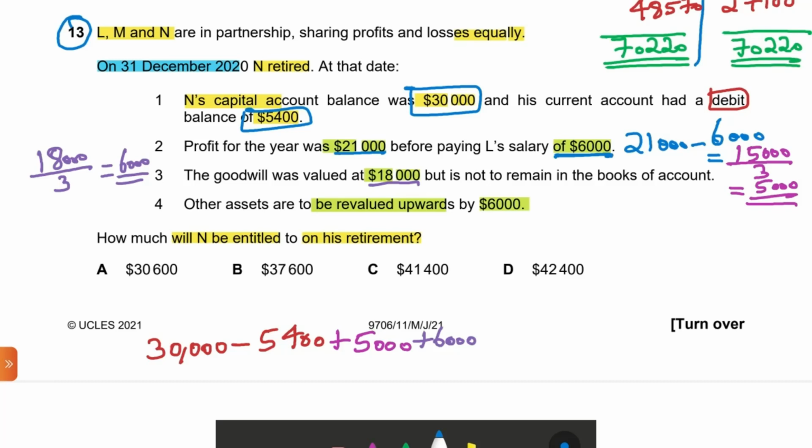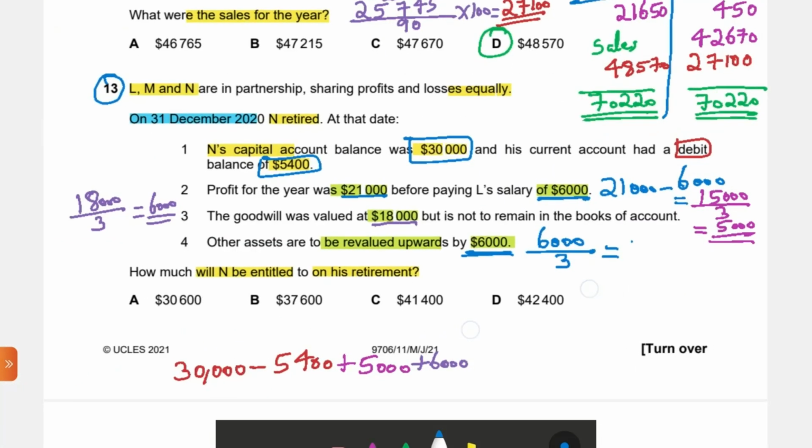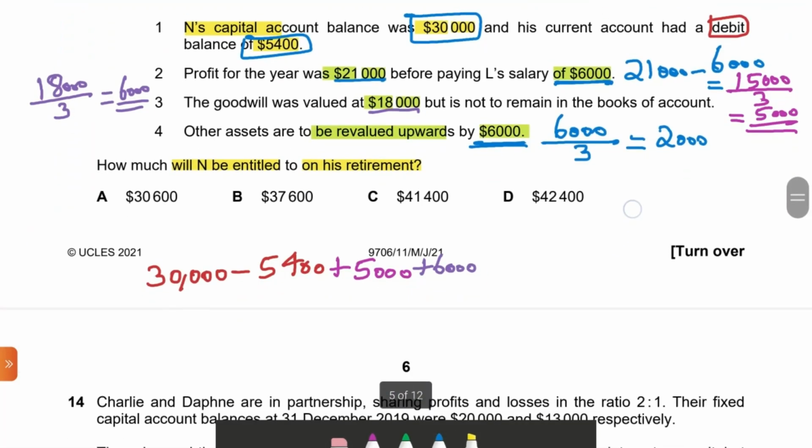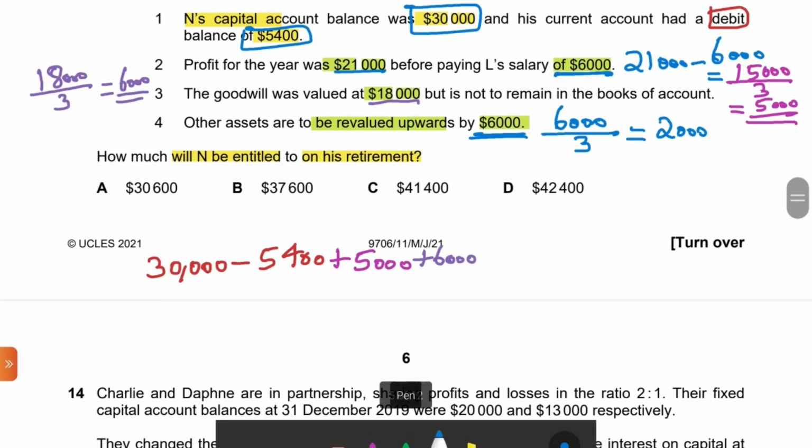So how much is the value more? 6,000 is the revaluation profit, divided by 3. His portion, 2,000, L has to get. That also we added.